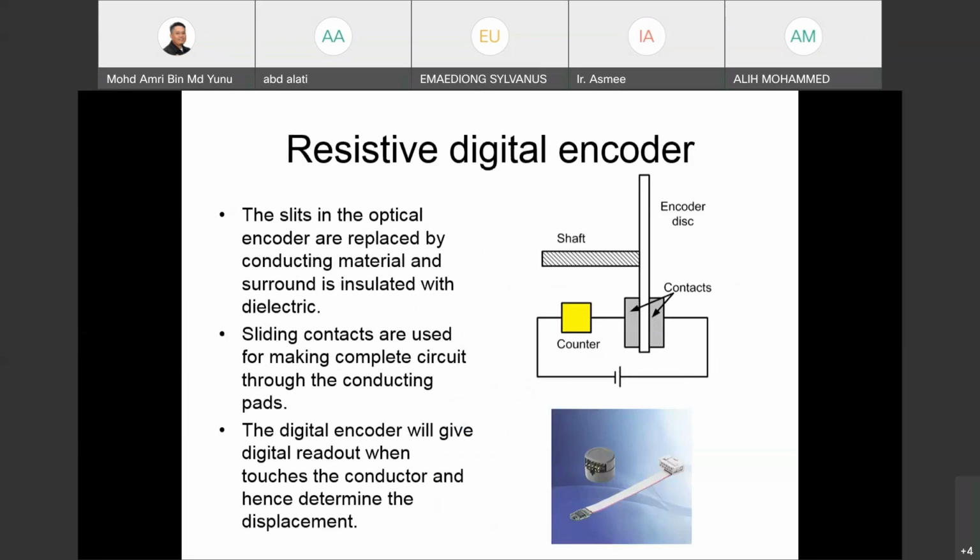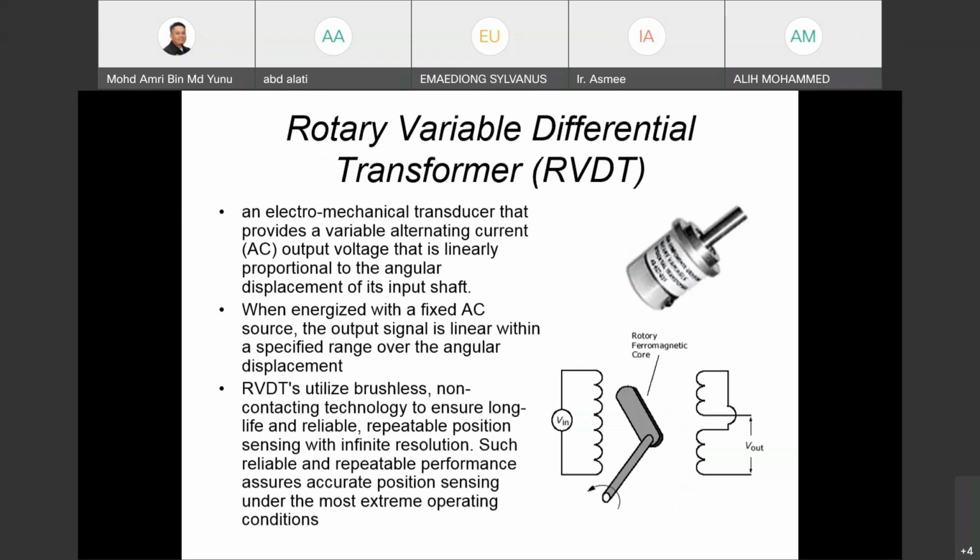These are other encoders, like the resistive digital encoder. The slit in the optical encoder is replaced by conducting material and surrounded with dielectric material, so it is based on contact. The digital encoder will give a digital readout when it touches the conductor and then determine the displacement. So this is the contact-based resistive encoder.